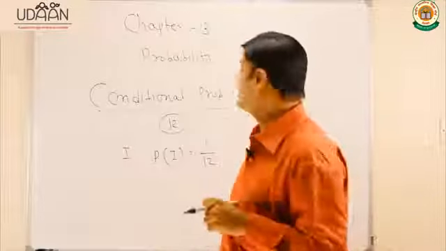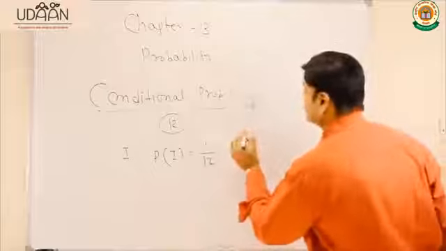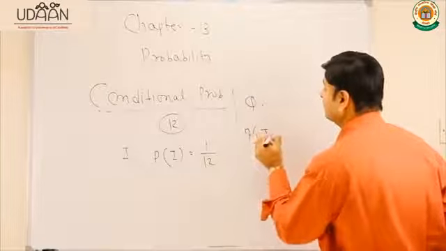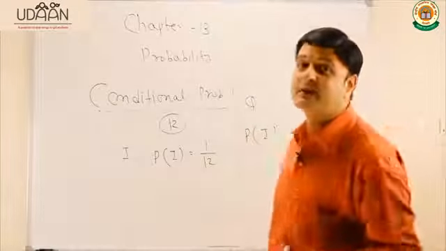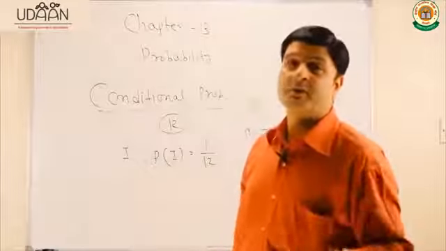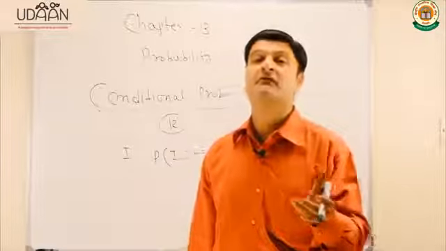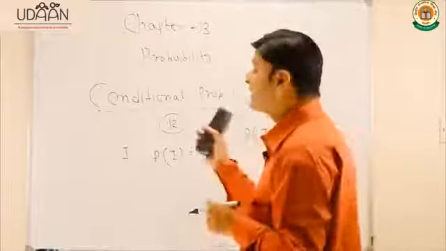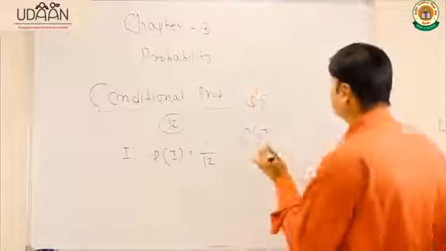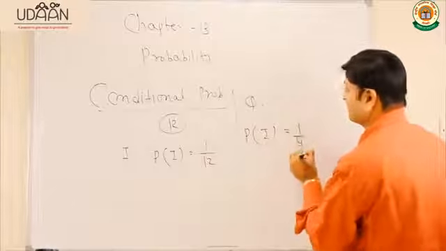So obviously, can you tell me now what is the probability that India will win? In other words, what is P of I? I hope all of you know in semi-finals there are 4 teams. So obviously the probability that India will win is 1 upon 4.